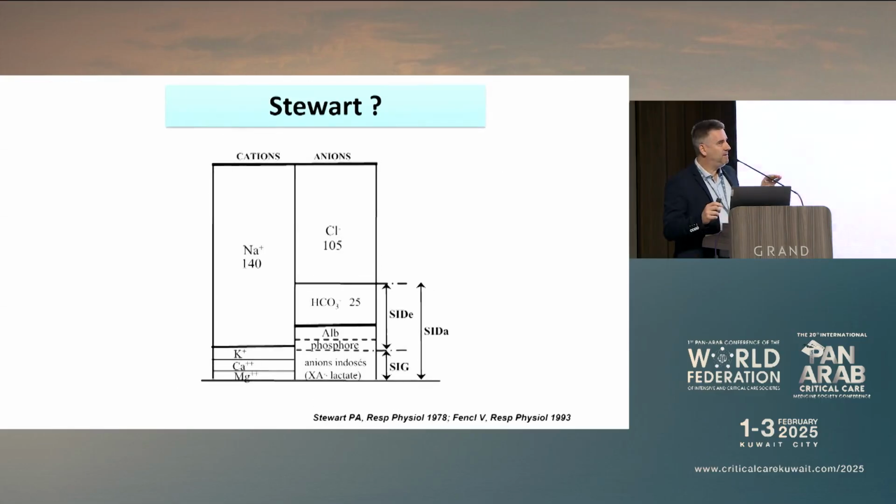The Stewart theory, very simply, just in this picture. You have cations on the left, and cations are prone to go to alkalosis. It's positive, and anions are negative and are prone to go to acidosis, like hyperchloremia, hyperlactatemia, and so on. You will see the bicarbonate is on the right.